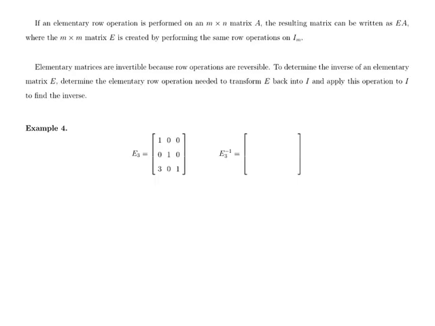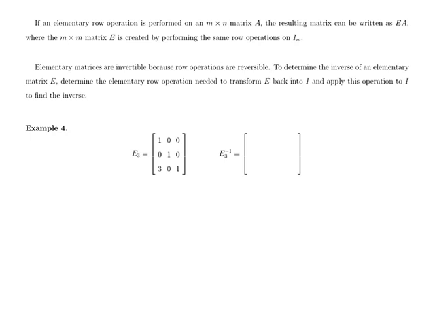So if an elementary row operation is performed on an m by n matrix A, which doesn't have to be a square matrix, it could be a rectangular matrix, the resulting matrix can be written as E times A. We've seen that on the previous page. And E is an m by m matrix created by performing some row operation on the identity matrix.